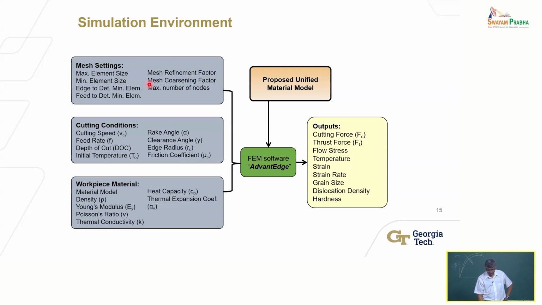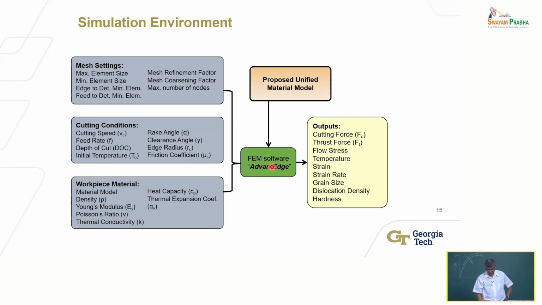It's basically solving this complex, dynamic, highly nonlinear problem using the finite element method, a discretization method. So you can input the empirical model like a Johnson-Cook model, or what I call the unified material model, the physics-based model that we just talked about.